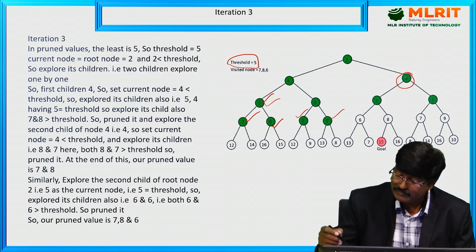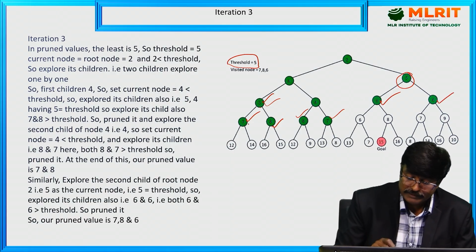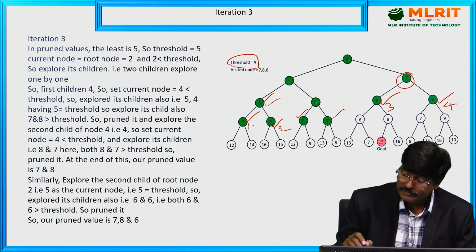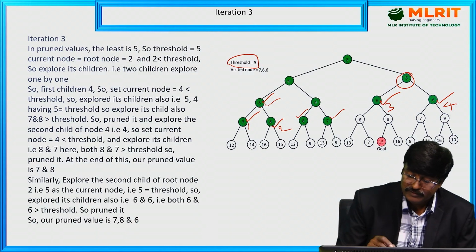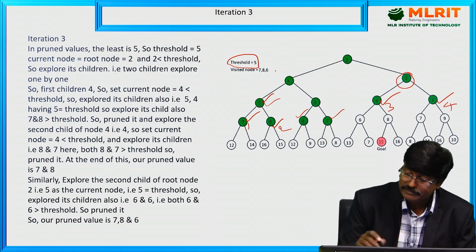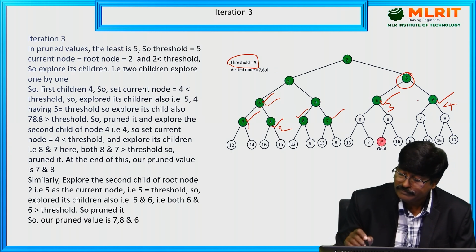Previously you pruned it in iteration 1, now you are reconsidering that one and expanding this one also. When you expand this one and this one, 1, 2, 3, 4 places you have visited, because 5 is the threshold value, and those we are expanding.